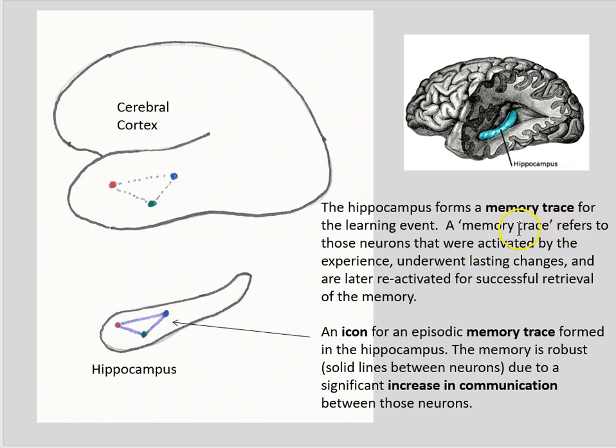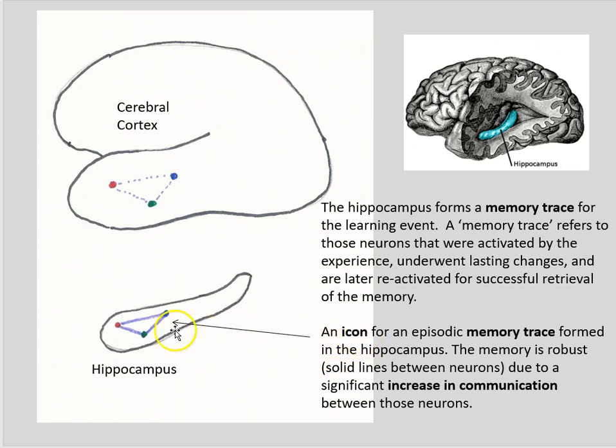And a memory trace refers to those neurons that were activated by the experience, so they've been allocated, underwent lasting changes. That's the plasticity that we'll talk about in future lessons, and are later reactivated for successful retrieval of the memory. So here already the idea is whatever brain cells here in the hippocampus that responded to the learning event, they are going to be the same ones that will be reactivated when we retrieve the memory for that event.